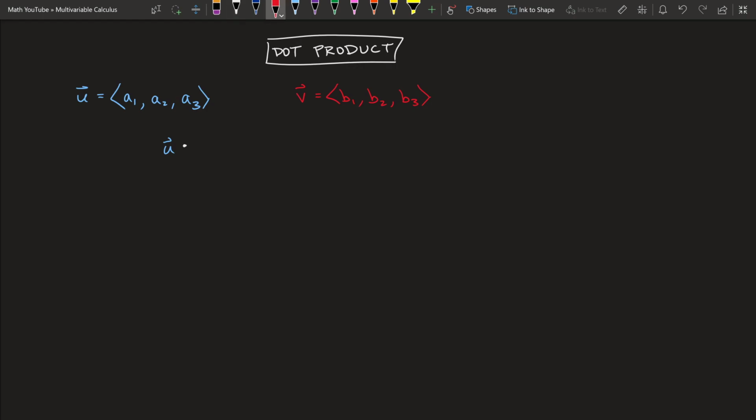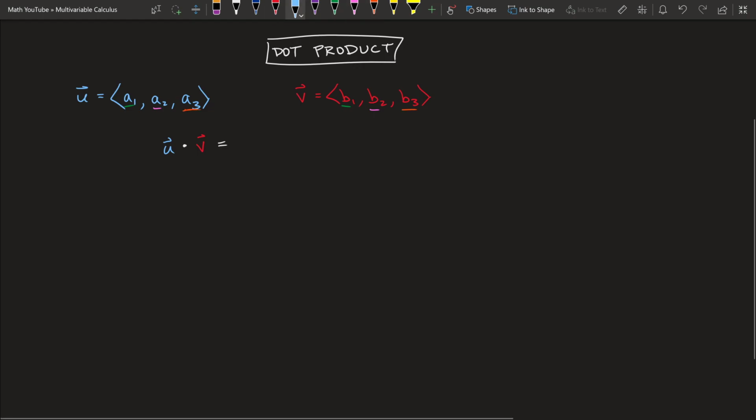So the dot product is u with a little dot, as you would suspect, with v. And the way you would compute the dot product is you multiply like components and add them together. So you multiply the first 2 components and add it to the product of the second 2 components and add it to the product of the third 2 components.